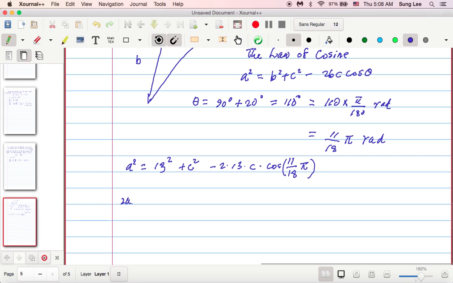By differentiating with respect to t, we have 2A multiplied by dA/dt. 13 squared cancels, that's constant.